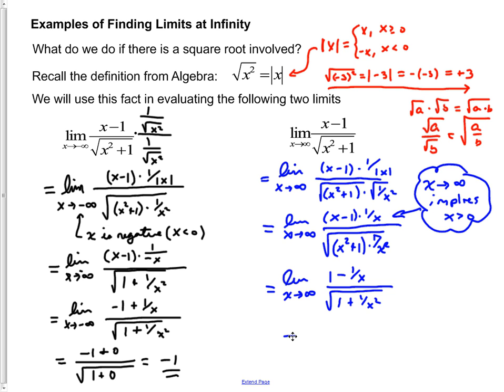Making the appropriate substitution, that's 1 minus 0, divided by the square root of 1 plus 0, and that's going to become positive 1. So we actually have a horizontal asymptote of y equals 1 to the right and y equals negative 1 to the left, which is sort of interesting. In any case, we're not going to be graphing this quite yet, but we do know what this looks like now if we come across this situation.